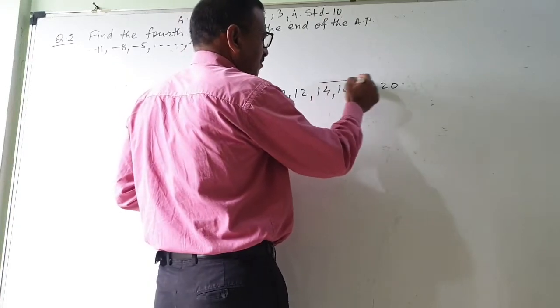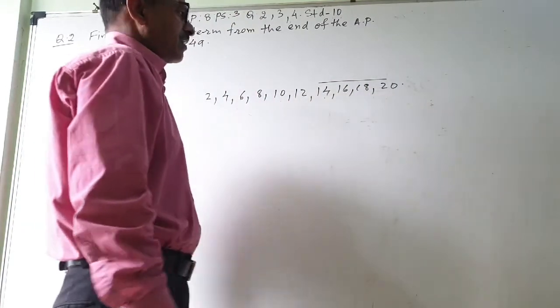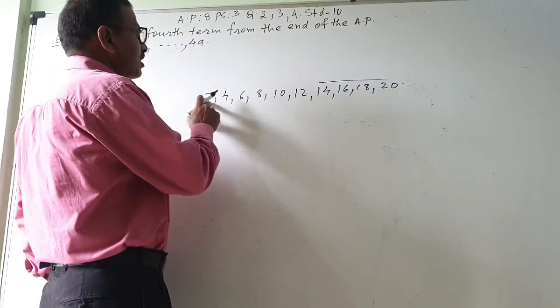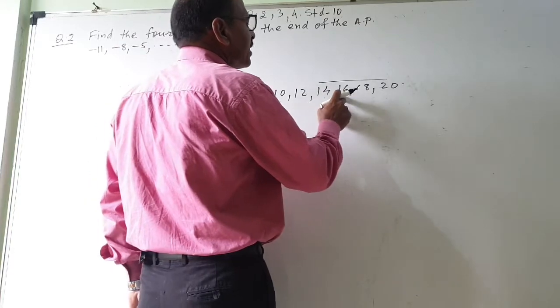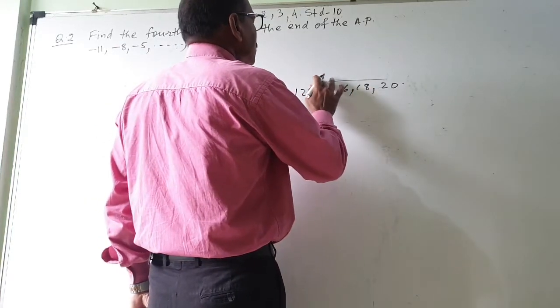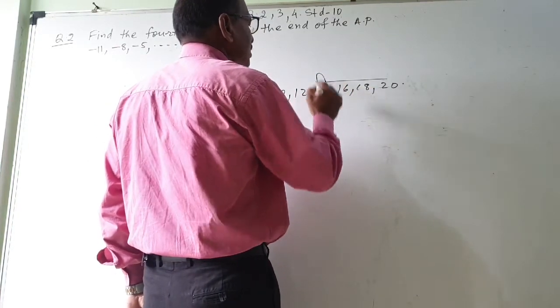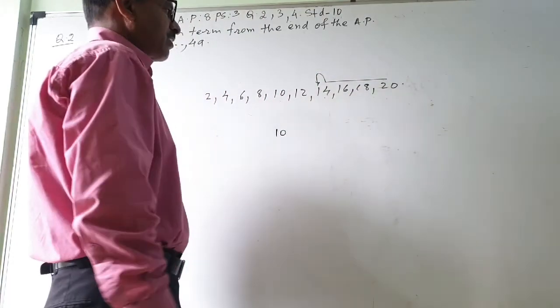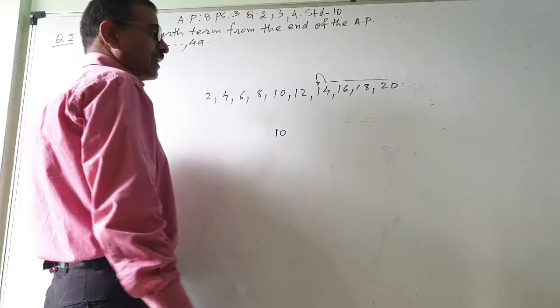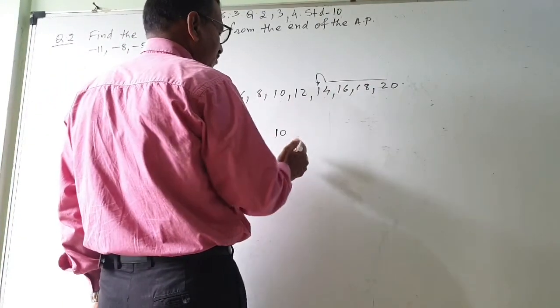How many terms are there? 1, 2, 3, 4, 5, 6, 7, 8, 9, 10. So total terms are 10. From that, the fourth term I want.